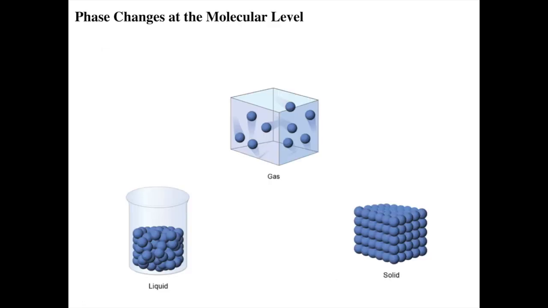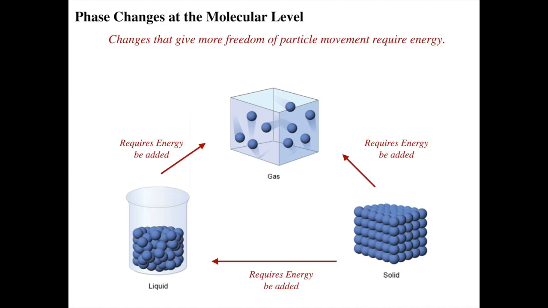You can also look at phase changes on the molecular level. We have the gas, liquid, and solid pictures of the substance at the molecular level in the three phases. Any phase change that requires energy is one that is giving more freedom of movement to the particle.